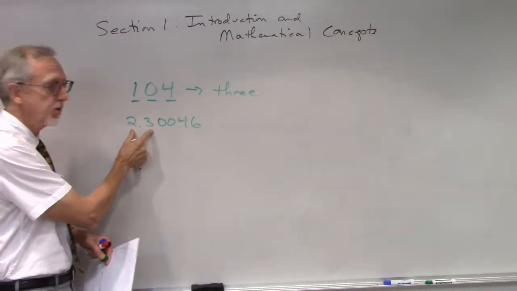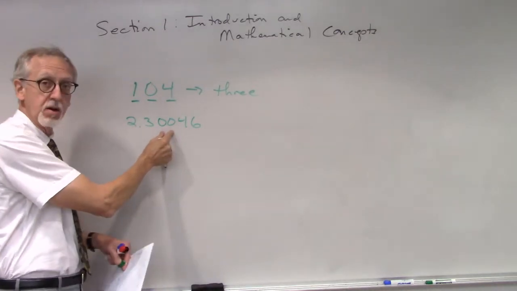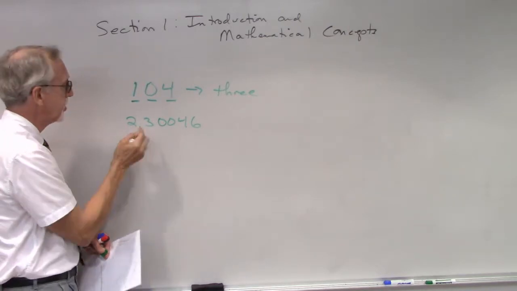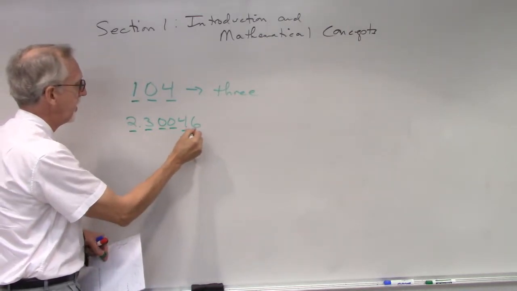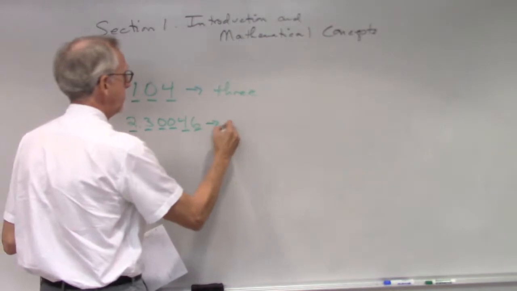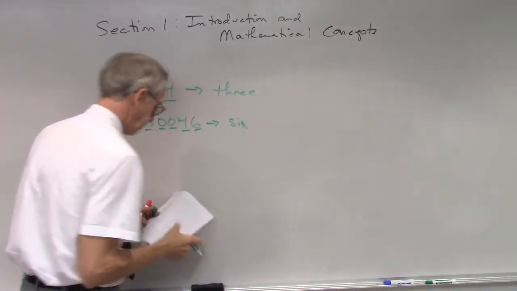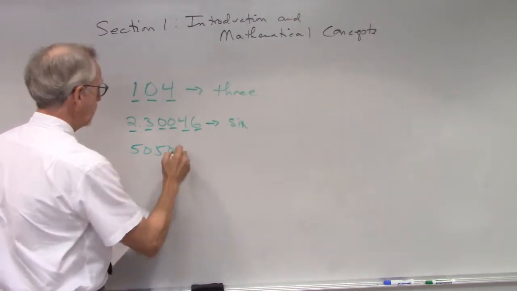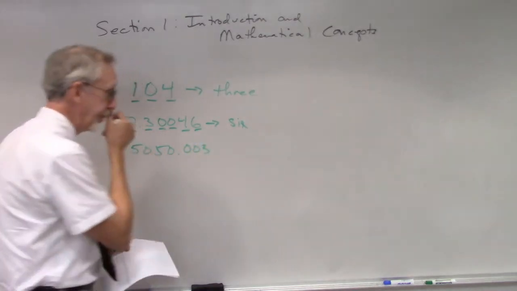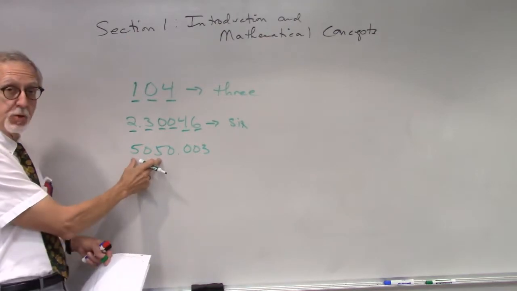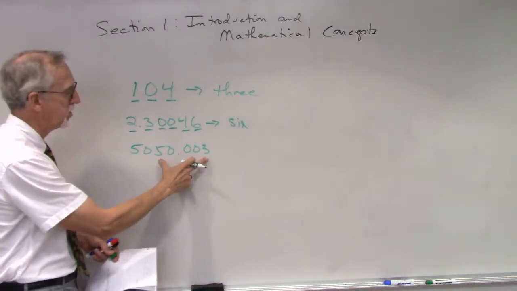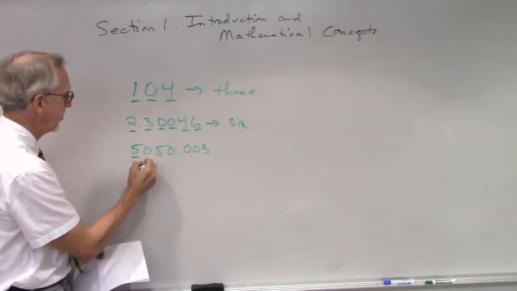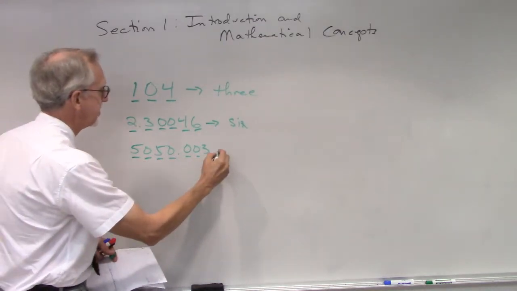We've got non-zero digits, non-zero digits. These zeros are in between the non-zero digits, and so they are significant. So we have 1, 2, 3, 4, 5, 6 sig figs. 5050.003. This 0 is in between non-zero digits. These zeros are in between non-zero digits, and so they are all significant. 1, 2, 3, 4, 5, 6, 7.